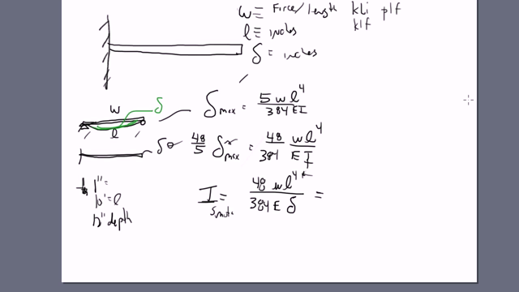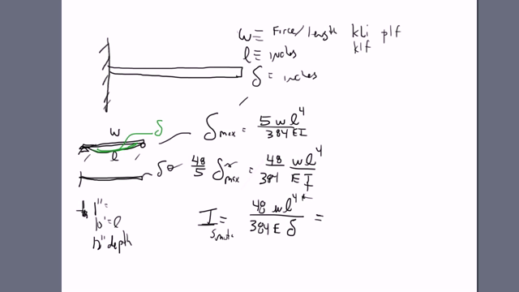Well, W has to be in kips per inch, and we're going to tell you that little w is going to be 1,200 pounds per lineal foot, which is the same as 100 pounds per lineal inch, which is the same as 0.1 KLI, kips per lineal inch.